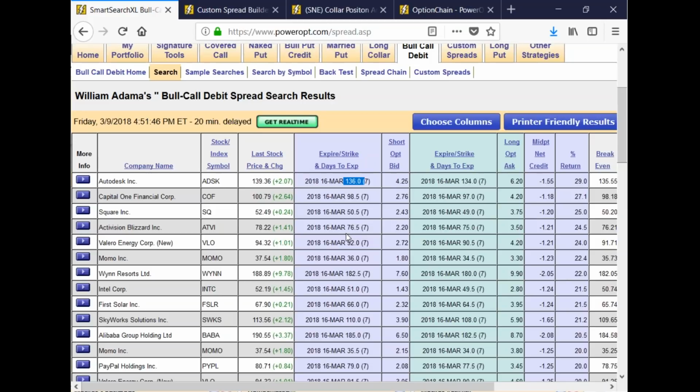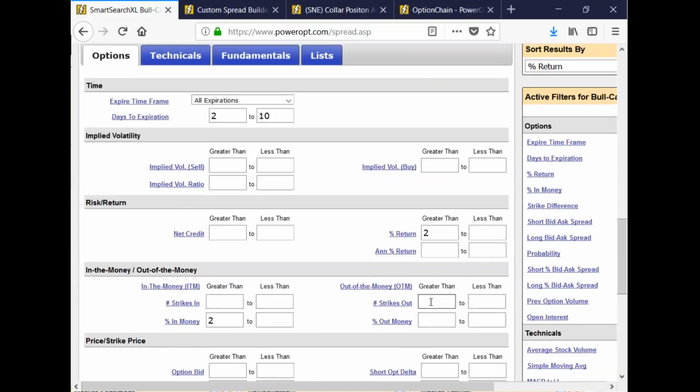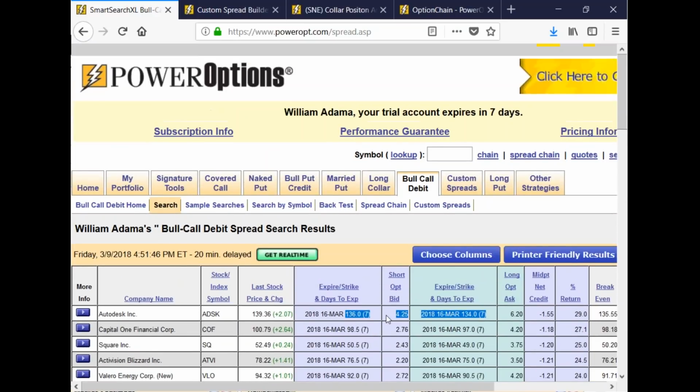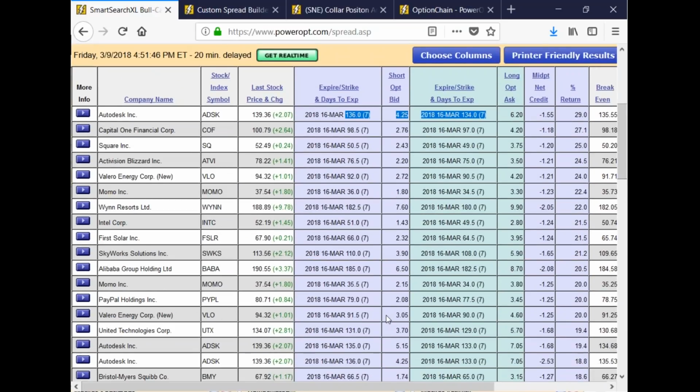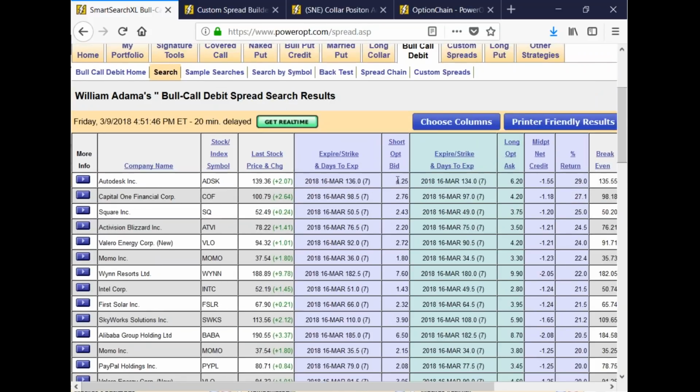Or remember, I showed you the other way, buy two 136s and sell a 140. So I would look for a debit spread position that was slightly out of the money. I would customize the search that way, but look for ones that have almost a 45 or 50% return. So that shows me one where the premiums are off, but might give me a 50% return.